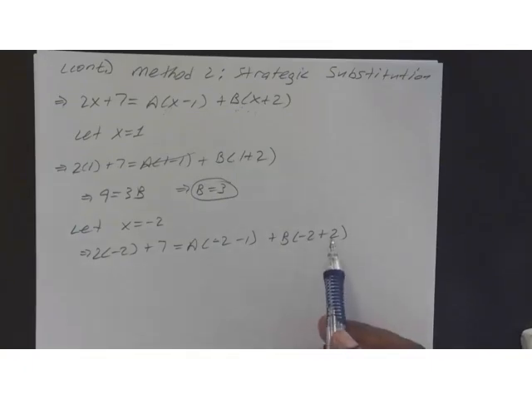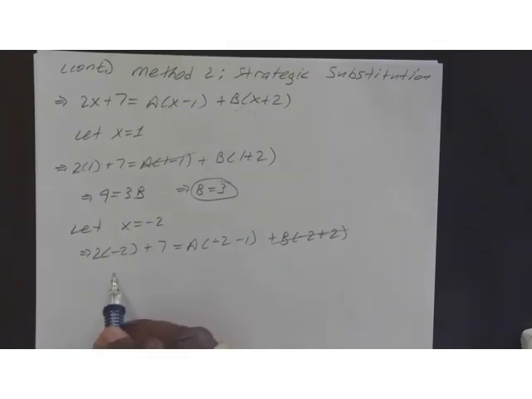Okay. So negative 2 plus 2 is 0, so that B disappears. So 2 times negative 2 is negative 4. Negative 4 plus 7 is 3.